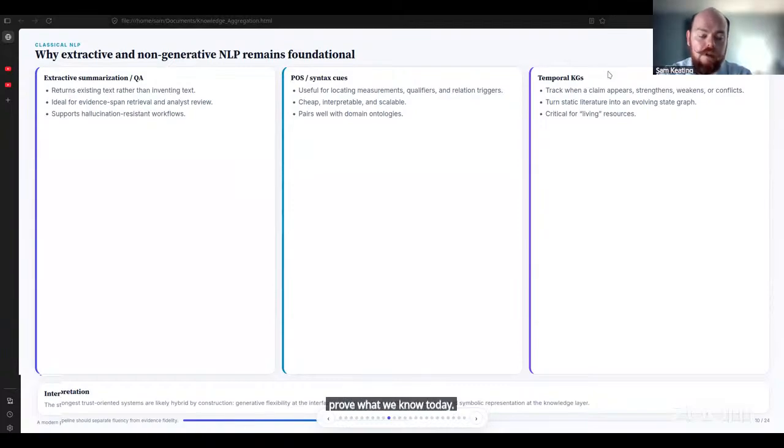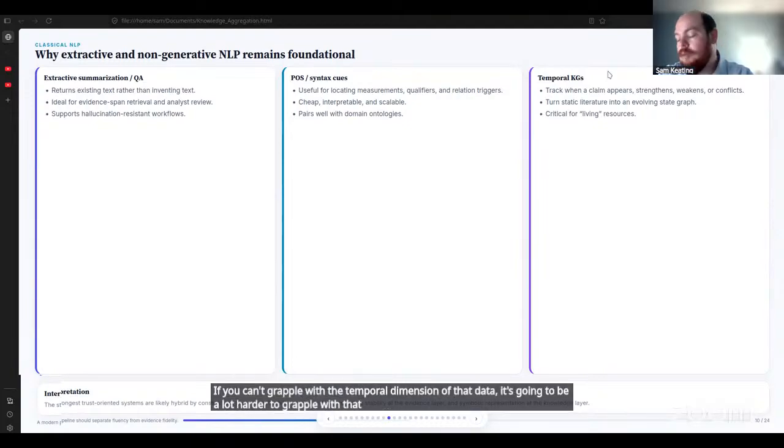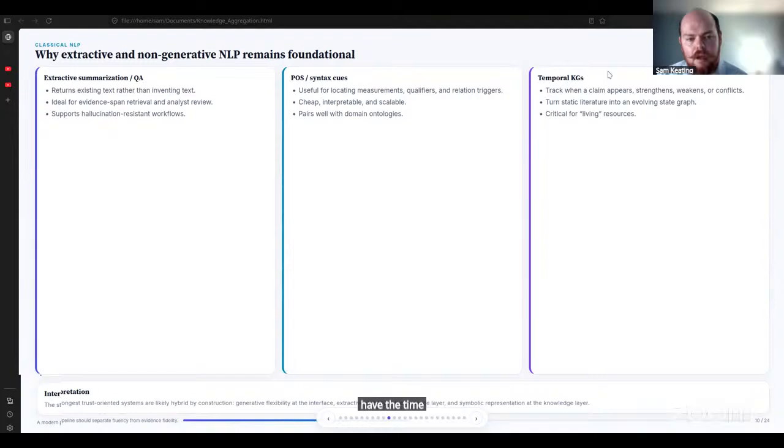And if you can't grapple with the temporal dimension of that data, it's going to be a lot harder to grapple with that analysis. So temporal knowledge graphs I've taken an interest in towards actually building a framework that can have the time-gated knowledge, for instance, from PubMed. So how does knowledge from time point A plus time point B prove what we know at time point C?